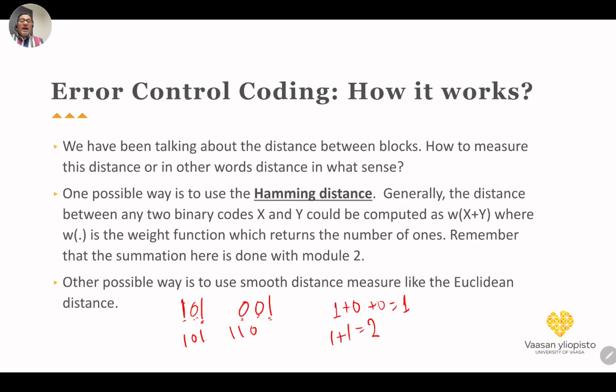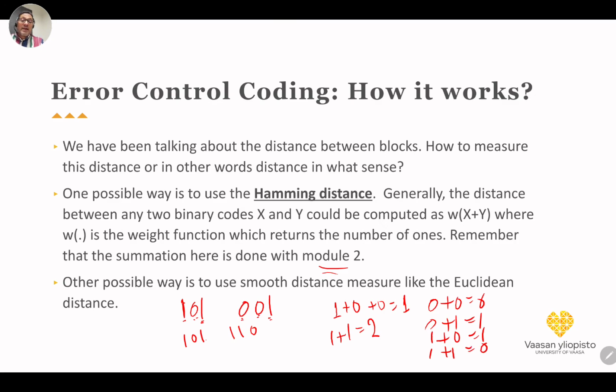Usually, you can compute it by computing the number of ones, that is the weight, by adding them, because we know that with modulo 2 summation in the binary system, 0 plus 0 equals 0, 0 plus 1 equals 1, 1 plus 0 equals 1, and 1 plus 1 equals 0.